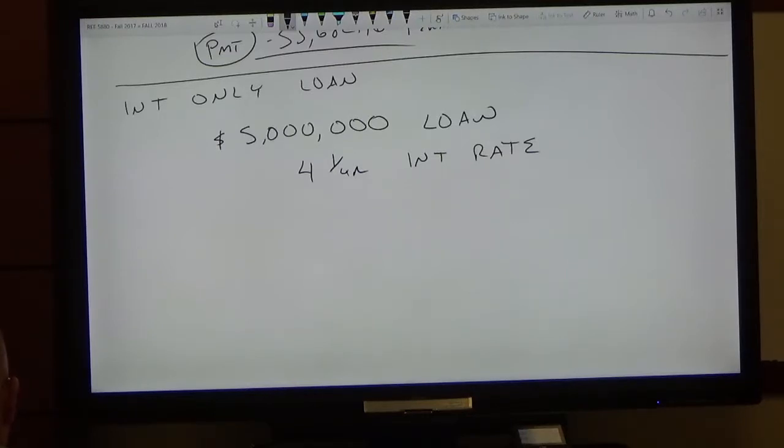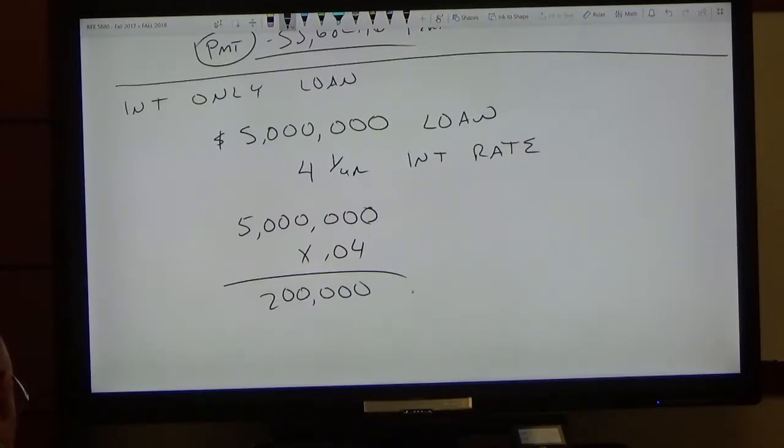So in this case, what you're going to be doing is taking that $5 million and multiplying it by 4%. 5 million times 0.04, okay, is 200,000. And that would be your interest per year.